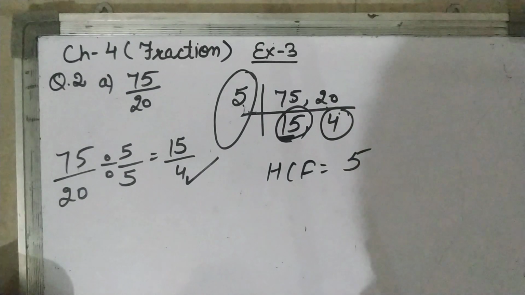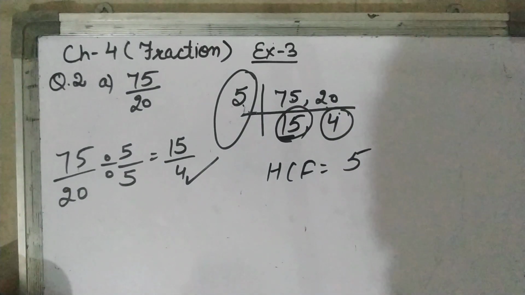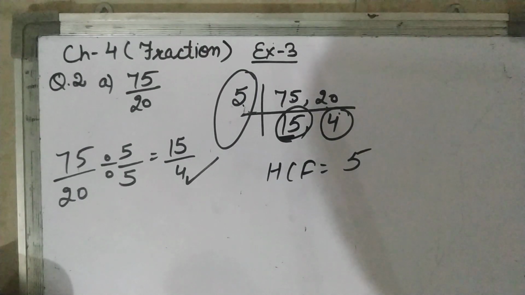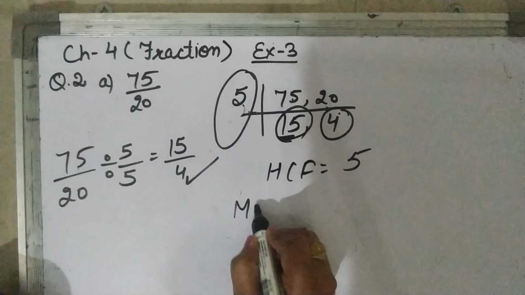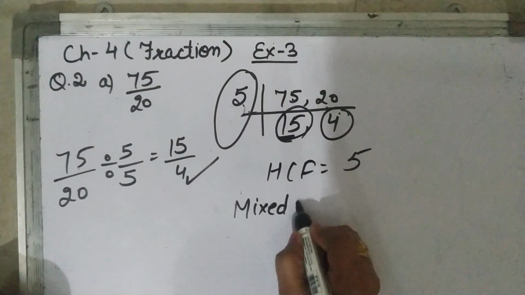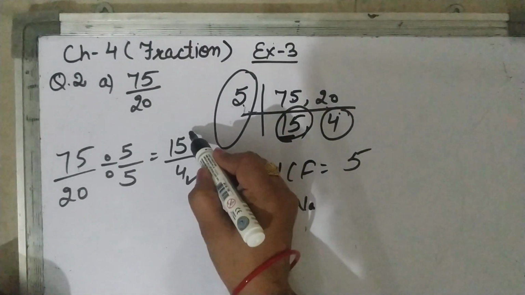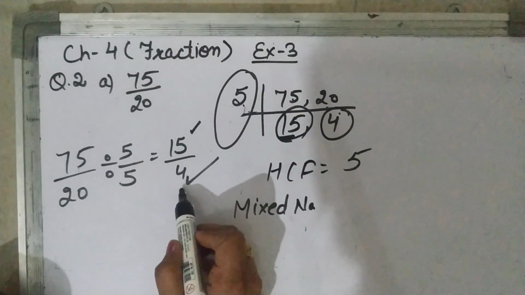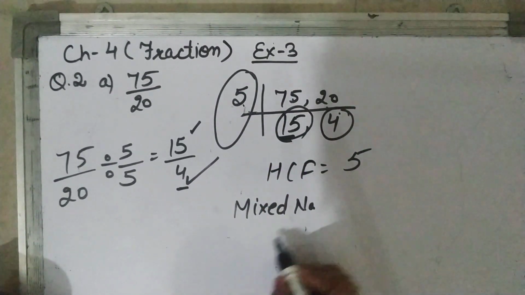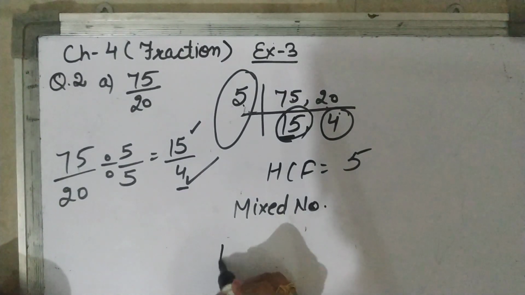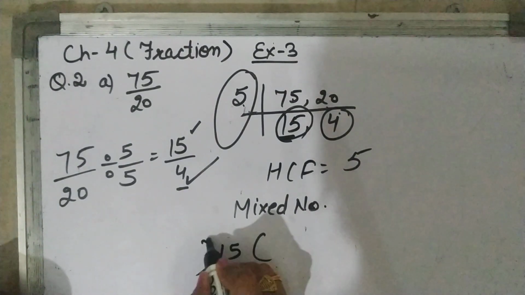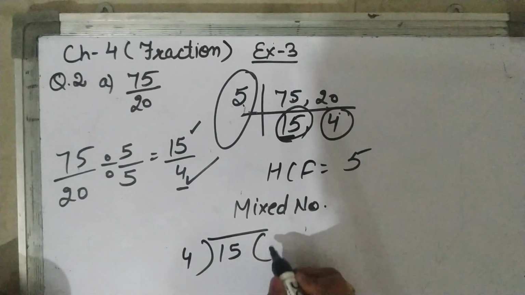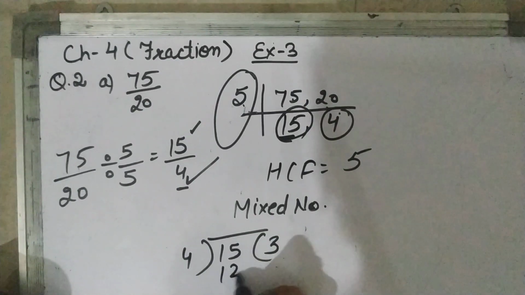After that, you have to convert this into a mixed number. How to convert into a mixed number? You have to divide the numerator by the denominator. The numerator is 15 and the denominator is 4. 4 3s are 12.